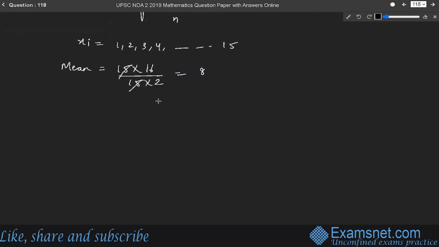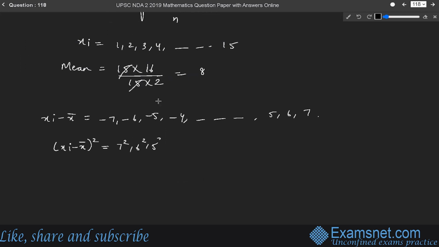Now xi minus x bar will be equal to minus 7, minus 6, minus 5, minus 4, so on up to 5, 6 and 7. So xi minus x bar whole square will be 7 square, 6 square, 5 square, so on up to again 6 square and 7 square. Since it is a square, we have ignored the negative sign here.